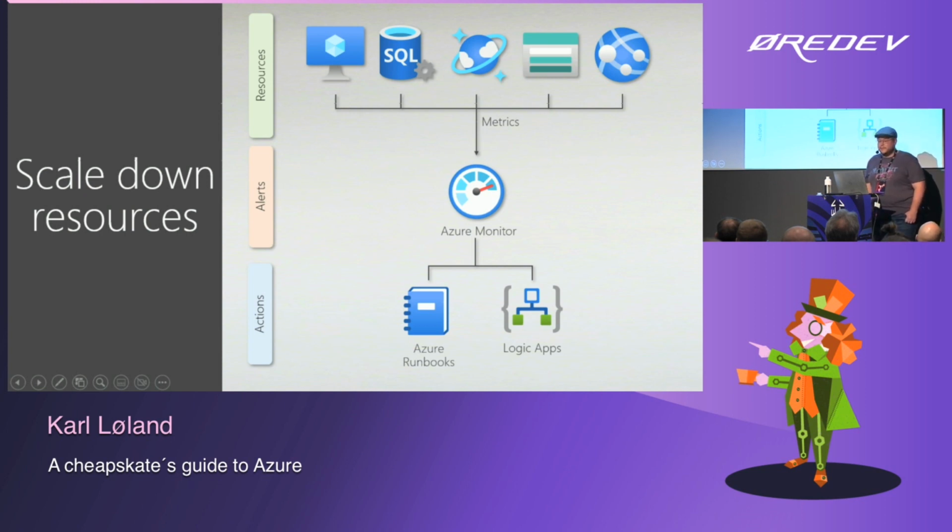One way is to use services that automatically scale up and down for you, using services that have auto-scaling. But if that is not possible, or not what they have done already, there still can be a way. You can do a little bit of scripting yourself and scale using Azure runbooks. Or if you're more into the no-code type of things, you could do the same in logic apps.